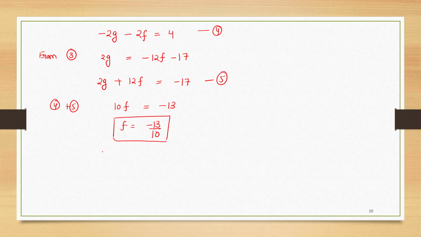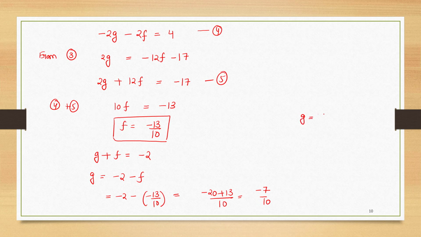Also we have g plus f is equal to minus 2. So g is equal to minus 2 minus f, that is minus 2 minus (minus 13 by 10). This is equal to minus 20 plus 13 by 10, or we have minus 7 by 10. So g is minus 7 by 10.